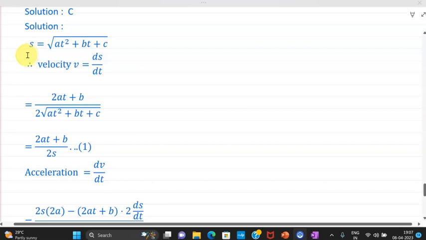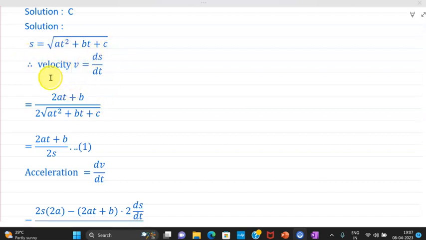Solution: s equals square root of at² plus bt plus c. Now differentiate this with respect to t. Therefore, velocity v equals ds/dt.